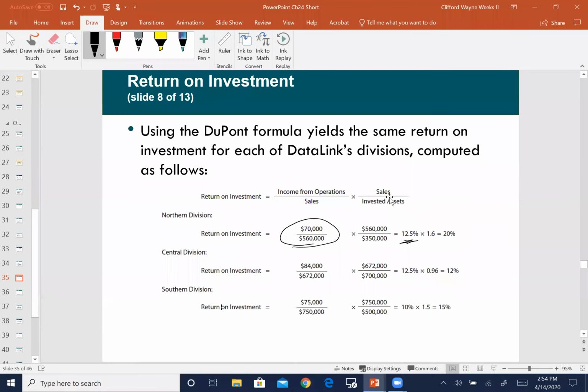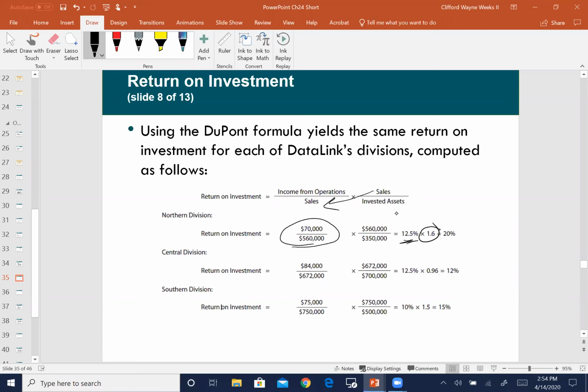Whereas the investment turnover here, sales divided by invested assets, shows how efficiently we are at using those assets. For every dollar in assets we have, we're able to generate $1.60 in sales. And once we have those sales, we use that to calculate our profitability.